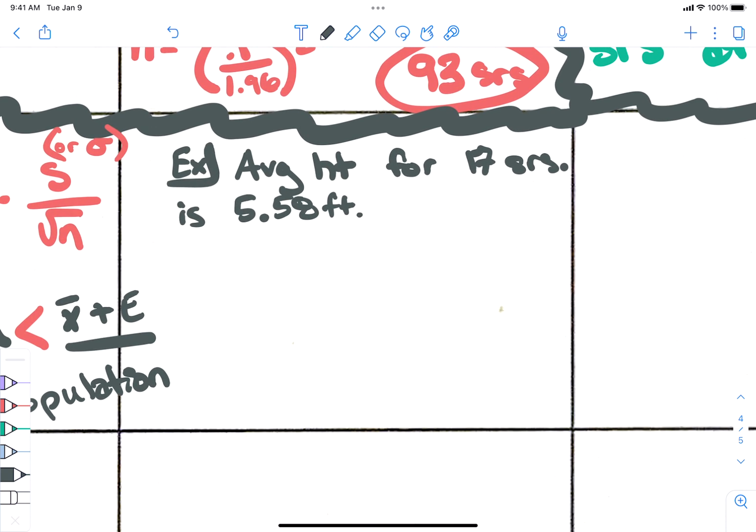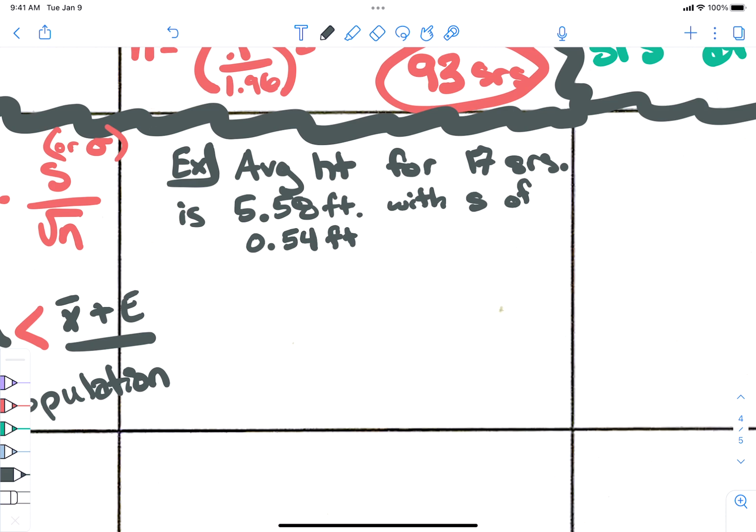And we need a standard deviation. Let's say 0.5 feet, so like a 6-inch standard deviation. That's kind of big. Well, we'll see what it does.